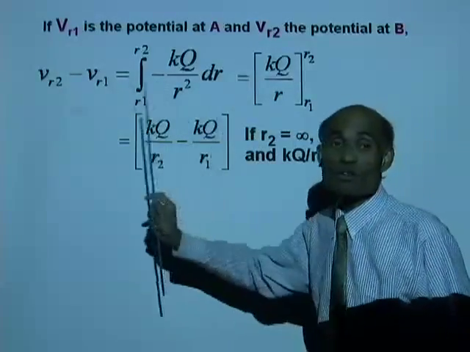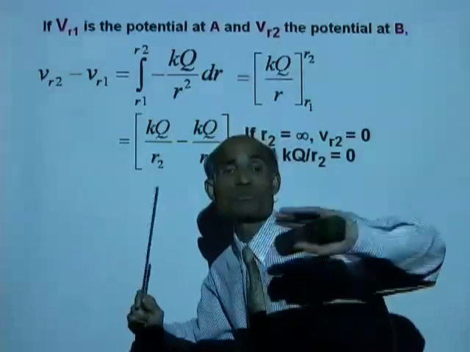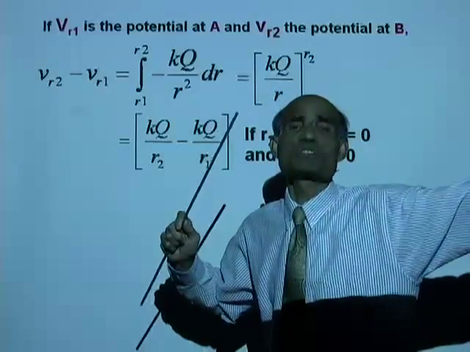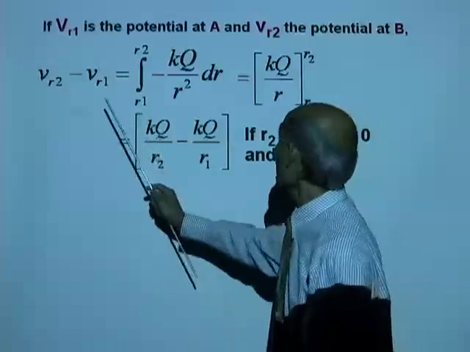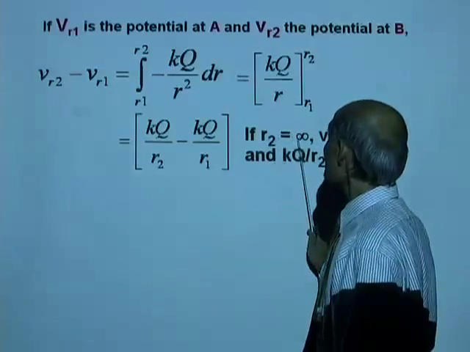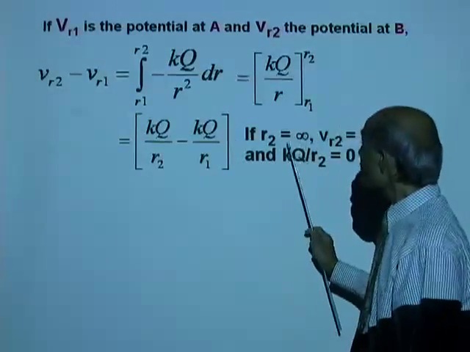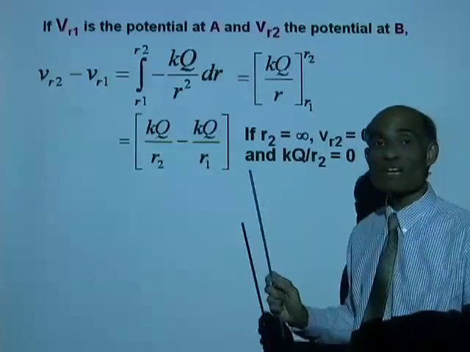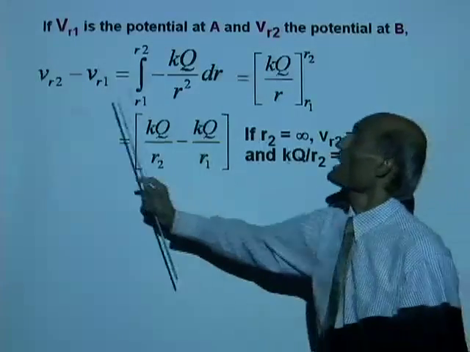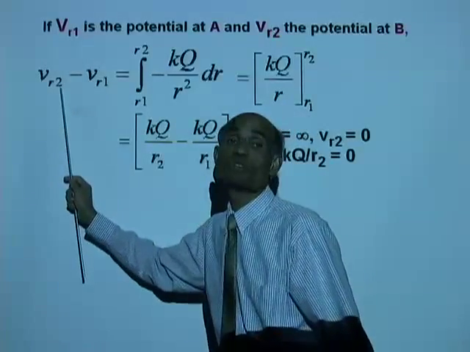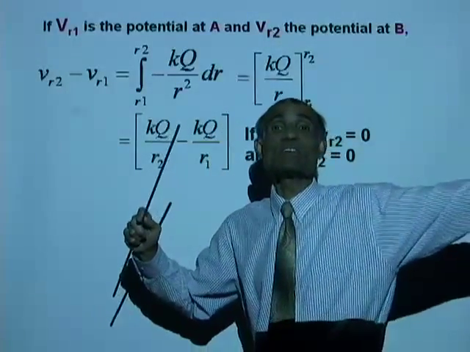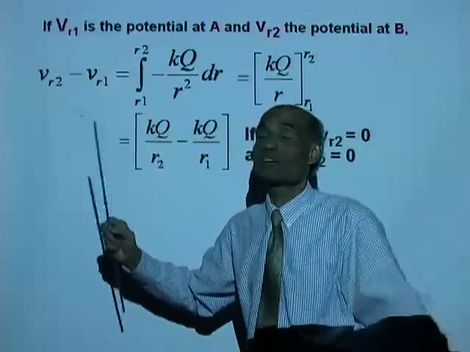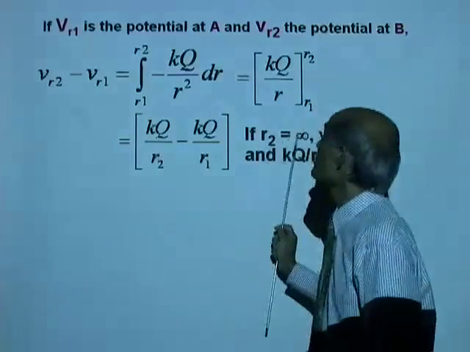Now, suppose we choose R2 to be at infinite distance from the charge. Then, if R2 is infinite, and suppose the potential at infinity is 0, that means V(R2) we are going to call 0. When R2 is infinite distance from the charge, this V(R2) will be 0.